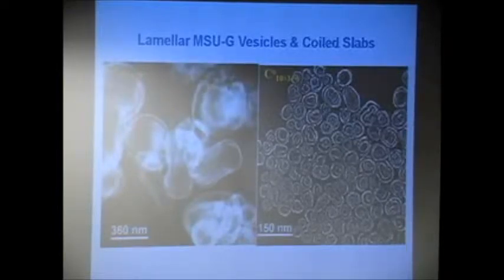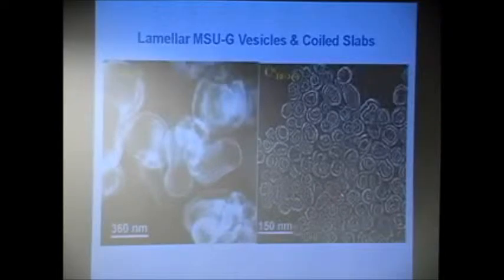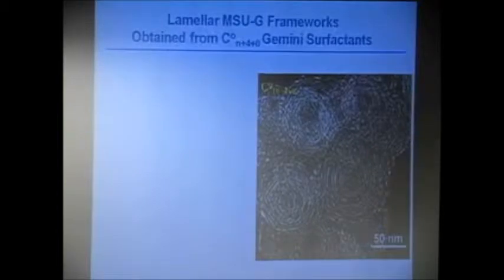You can't see the mesoporosity here because of the low magnification. But you can see that the particles are empty. There's a huge void volume associated with that hierarchical structure. And these are examples of lamellae that have, again, closed on themselves, forming coiled slab-like structures. Another example, which I'm going to show you in a catalytic reaction, is what we call an onion-like structure.